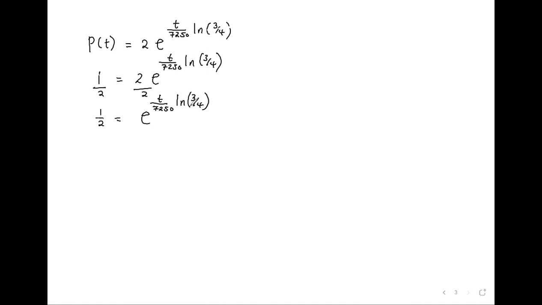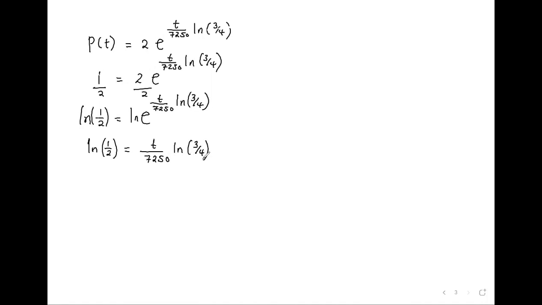Then we apply ln. So when you apply ln, this side will remain with ln(1/2). ln(1/2) is equal to t over 7250 ln(3/4).